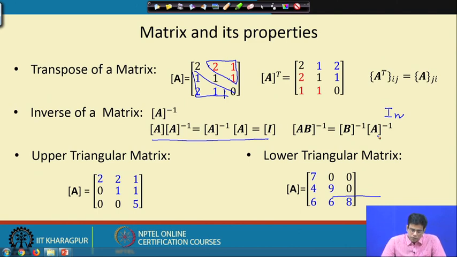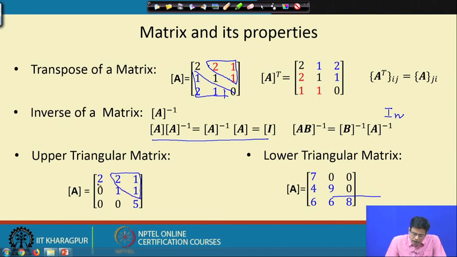Now, another type of matrix that will be very important for us is the upper triangular matrix. That means the matrices which have only the upper part non-zero and the lower part 0. That means the diagonal elements and the upper part of the off diagonal elements are non-zero.